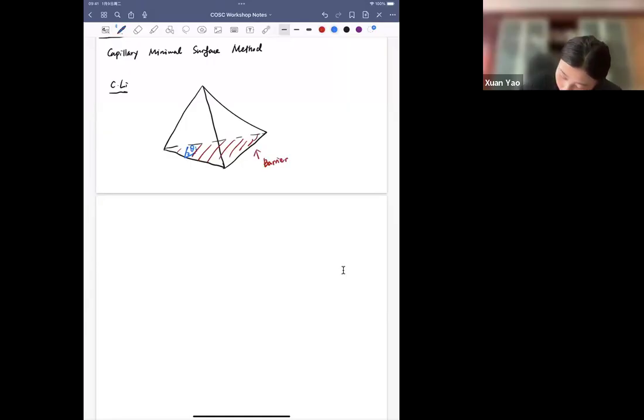And you find some capillary minimal surface with prescribed angle theta I. For different faces, the contact angle is different, it changes, but it's always equal to the contact angle of the surface and the bottom. So they use the constant capillary angle.